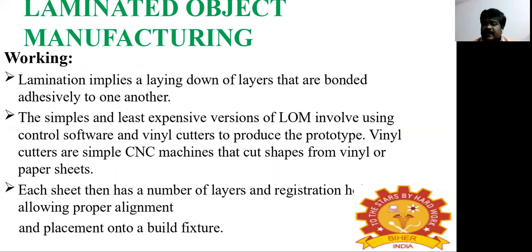Vinyl cutters are nothing but simple CNC machines that cut the shapes we require from vinyl or paper sheets. For each sheet, considering the number of layers, this allows proper alignment and placement on the build fixture.